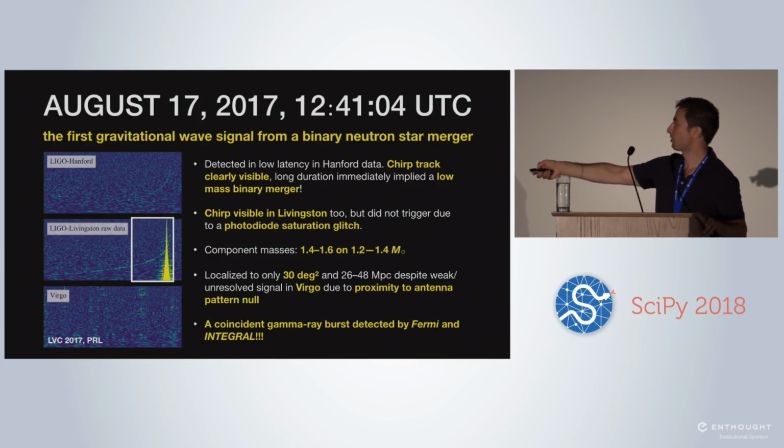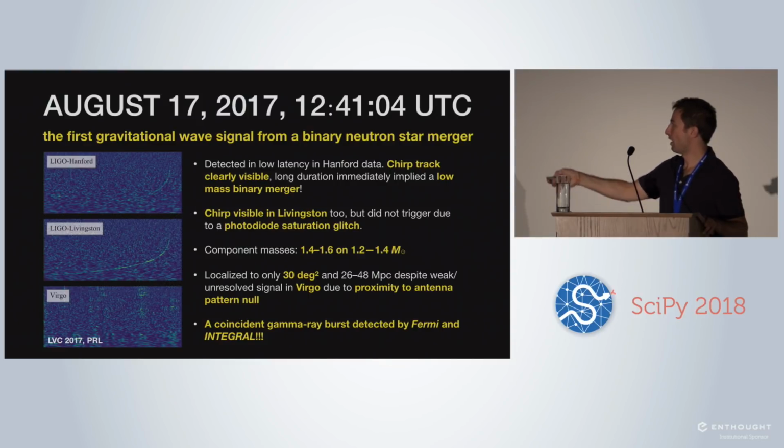And so this glitch was caused by saturation of a photodiode. And this is one of the worst glitches that we've ever seen in data that we've considered of science quality. We were able to model that glitch and remove it, and then underneath that we also saw that nice, perfect chirp.